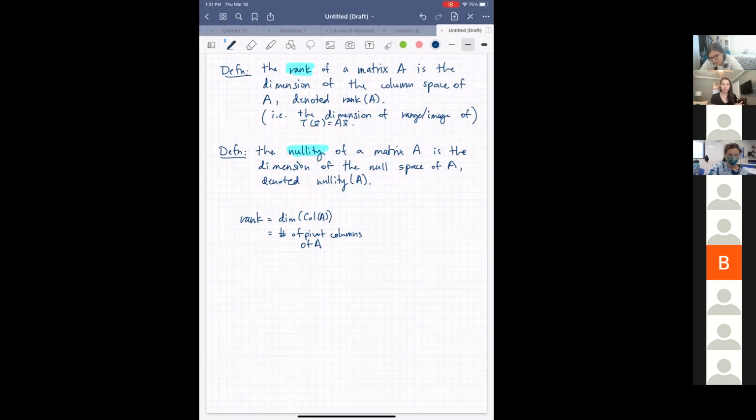So the dimension is going to be the number of pivot columns. Okay, so that's the rank.